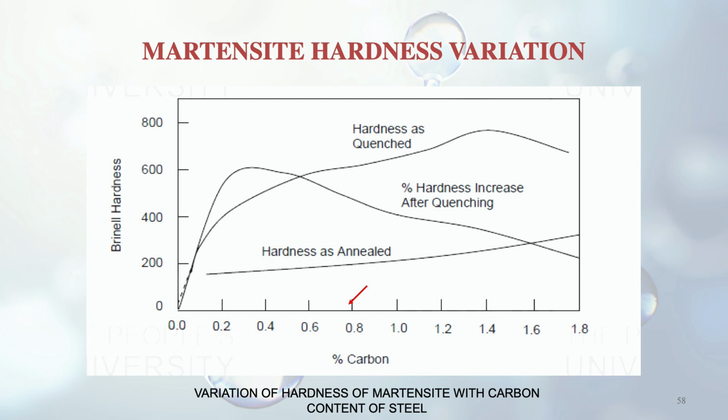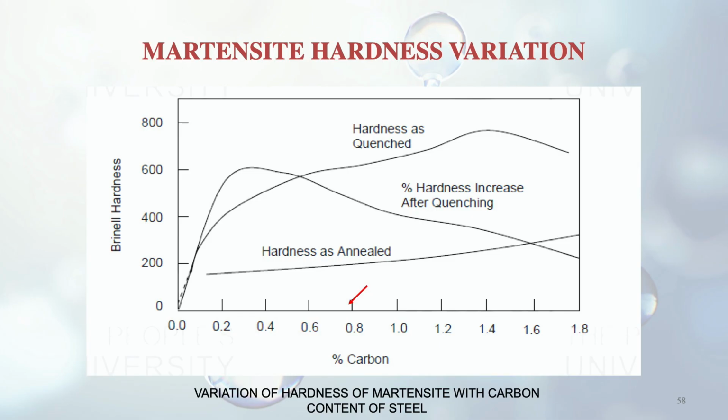One curve shows us the hardness as quenching takes place, and the other shows us the hardness when annealing takes place. In the quenching curve, you can see carbon percentage is on the x-axis and Brinell hardness is on the y-axis. In the quenching case, the rate of increase of the hardness is high.